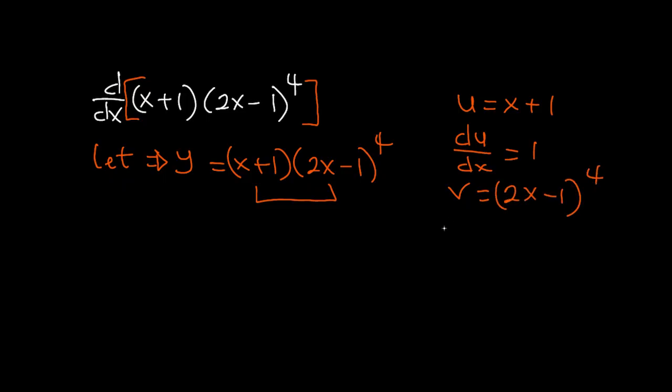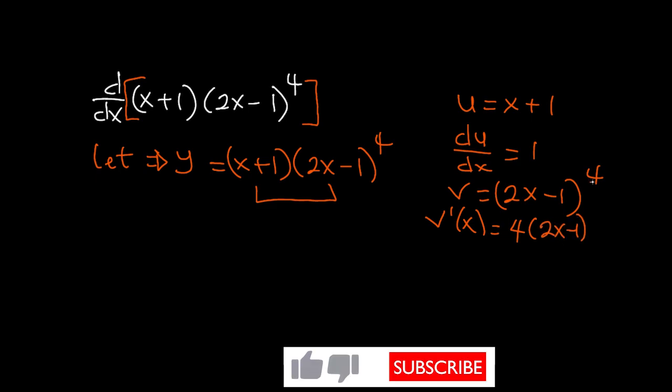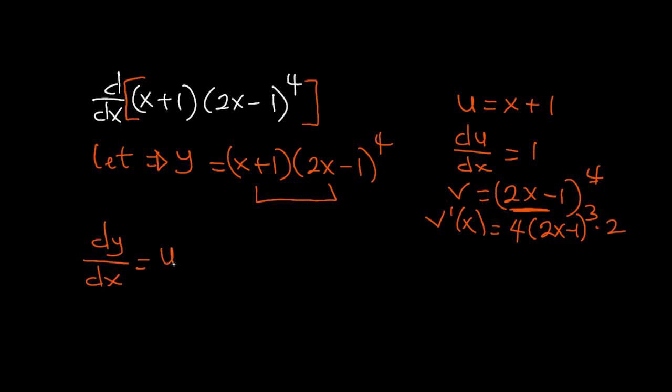If you differentiate this one with respect to its function, the power will go to the front times the base, then the power minus 1, times the derivative of the base, which is 2. So dy/dx: keep the first one constant, differentiate the second one, plus keep the second one constant and differentiate your u.